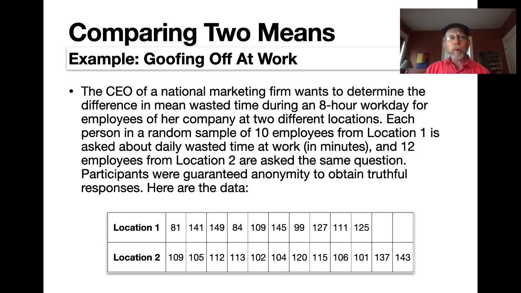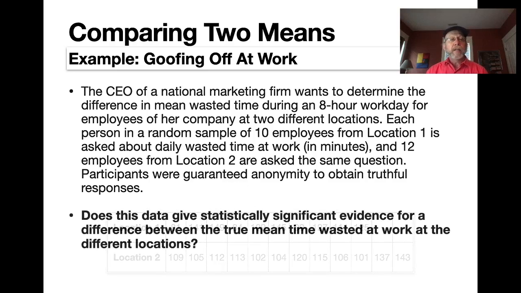And so the question we want to ask is, does the data give us statistically significant evidence for a difference between the true mean time wasted at work at the different locations? So again, we're not comparing the mean wasted times to some definite number like 2 hours or 120 minutes, but we're asking a different question.